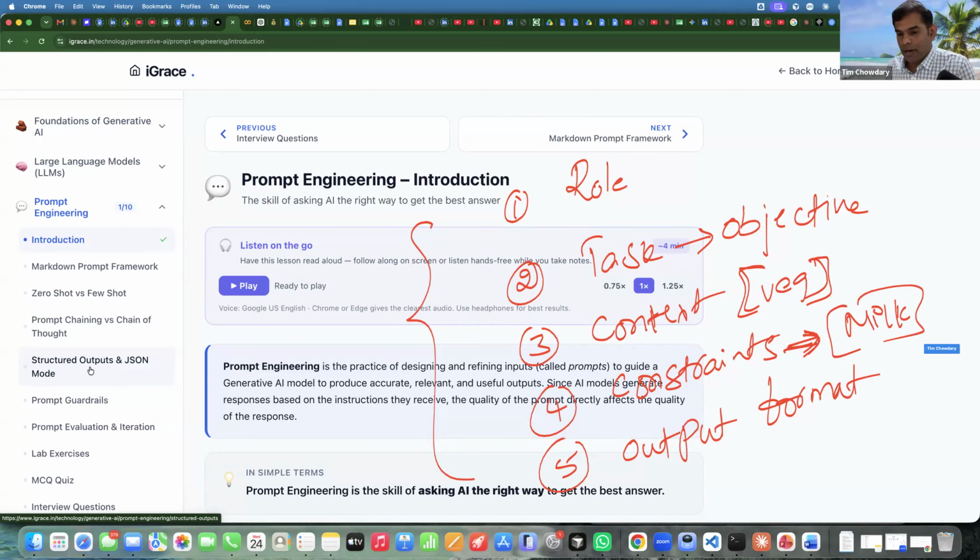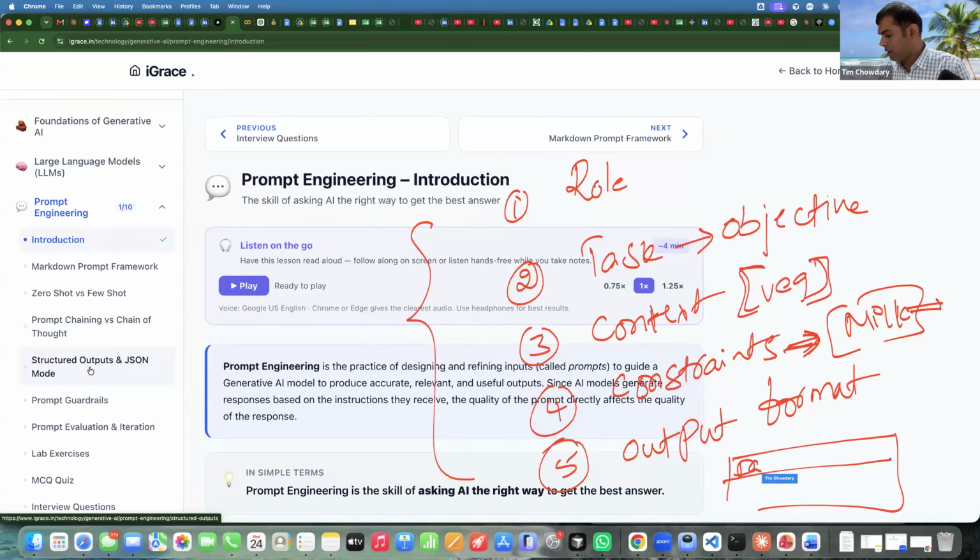Or you can mention give me the output in 10 lines, 20 lines, 30 lines. That is called constraint. Output format: it simply generates day 1, day 2, day 3, day 4, like that. You can ask, give me in a tabular format like this, day 1, day 2, day 3. You can specifically instruct the model to generate output in a specific format. That is called output format.